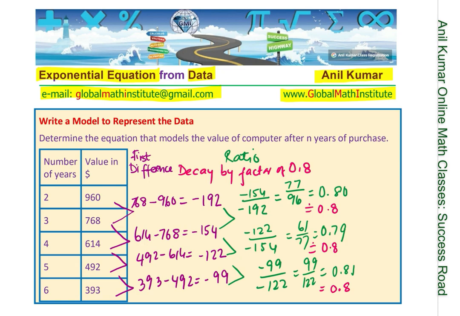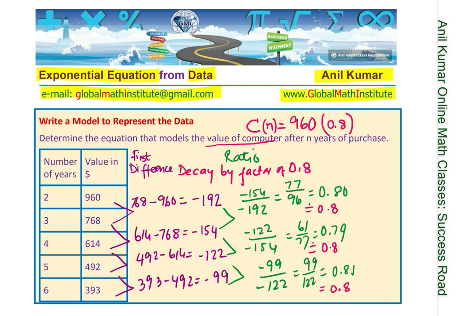So to model the value of the computer, let's say the value of the computer is C in dollars after n years. Then C after n years can be written as, we're given 960. We found that the factor by which it decays every year is 0.8.